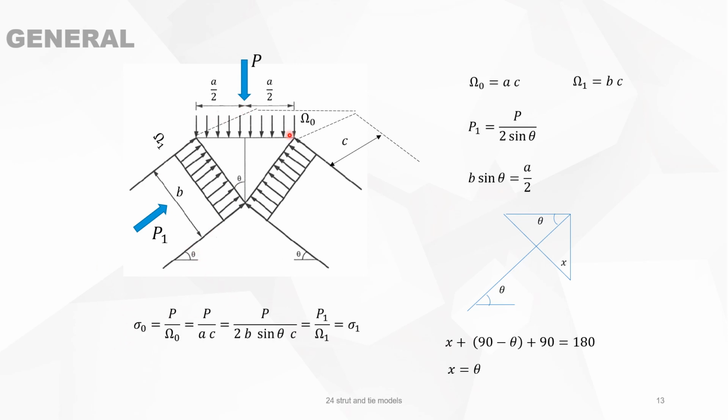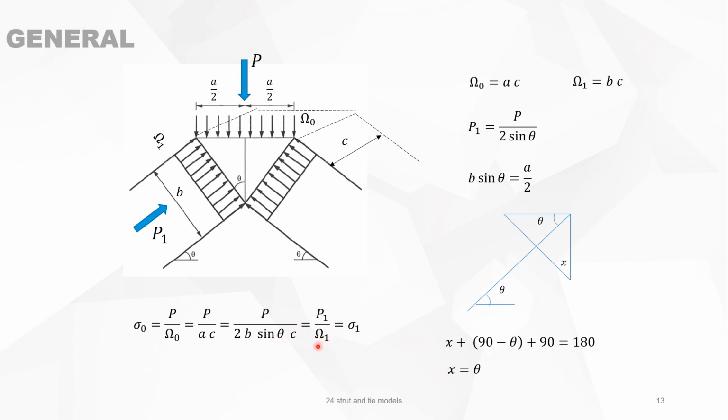Then we can see that the stress on this section, omega 0, is the load divided by omega 0. It means the load divided by A times C. And if we now substitute A, which is 2B sinus theta, then we got 2B sinus theta times C. And then we see immediately that this is P1, because P over 2 times sinus theta is P1.